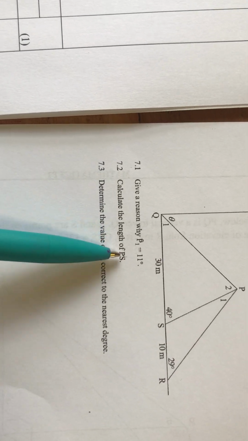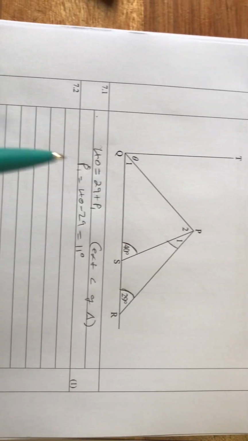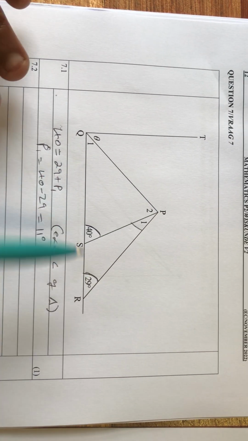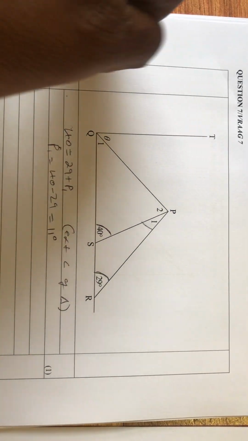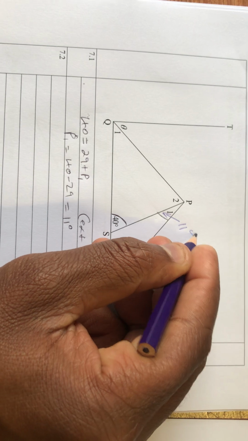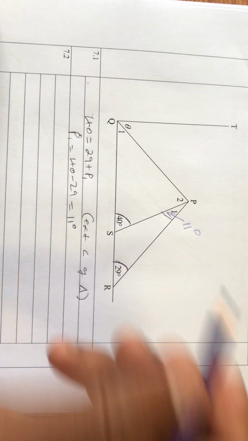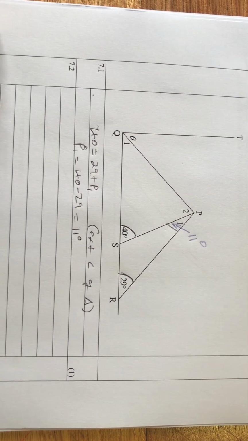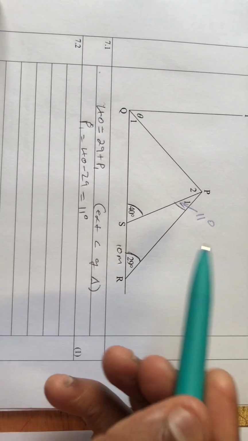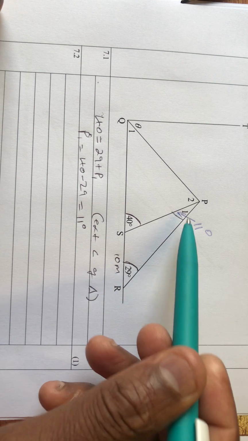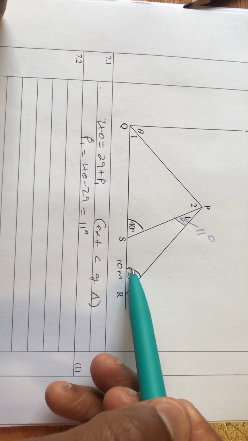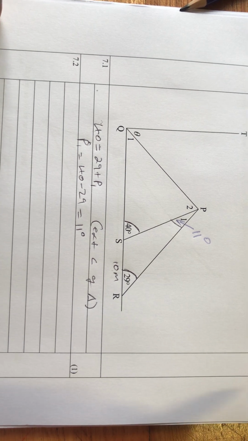Thank you very much. Let's move to 7.2. Calculate the length of PS. Now we know that this angle here is 11 degrees. With regard to the sine rule, whenever you are given two angles and one side opposite one of the two angles, you can use the sine rule.